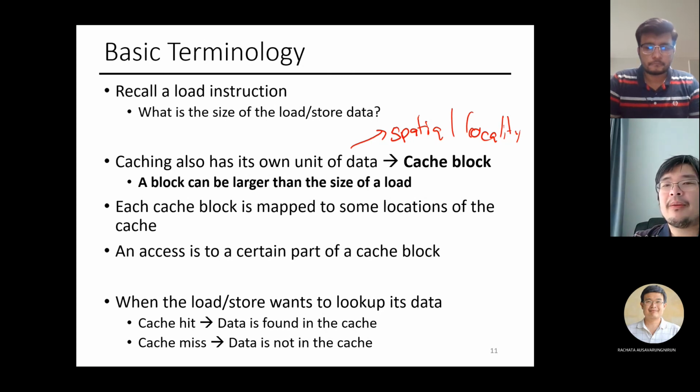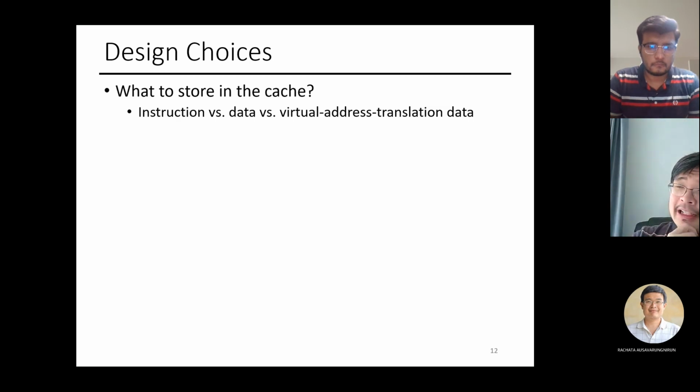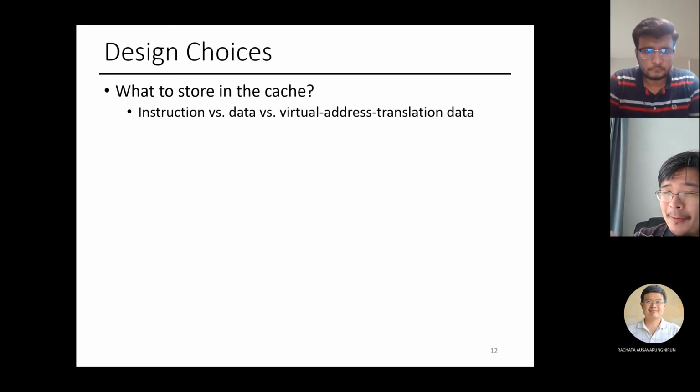All right, now I'm going to start a discussion on design choices, right? The first thing you have to think about is, hey, I have a lot of things that want to access data. The program wants to access data because the program is in the main memory. The data itself, data load, data store, also want to use the cache, right? Once we are going through virtual memory, they might benefit from caching as well, right?